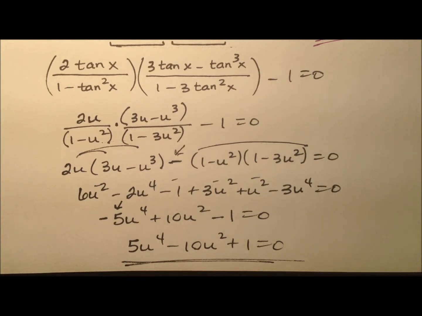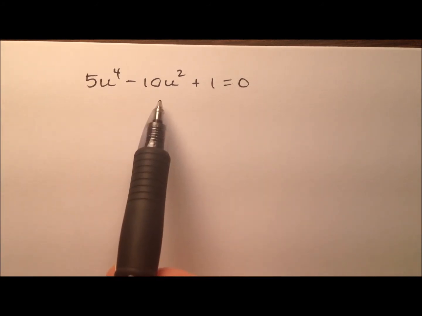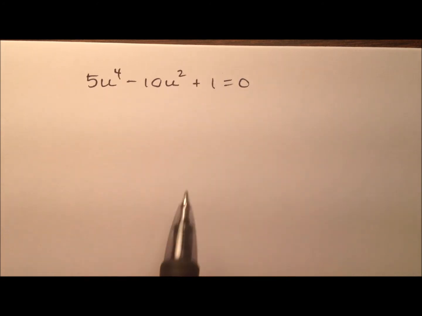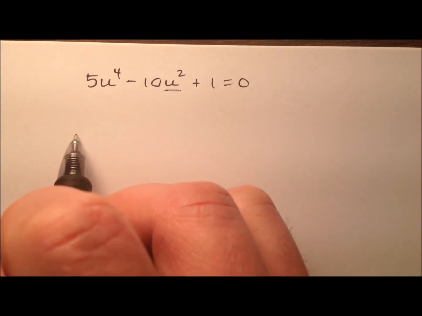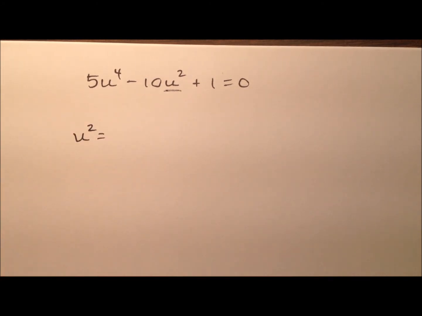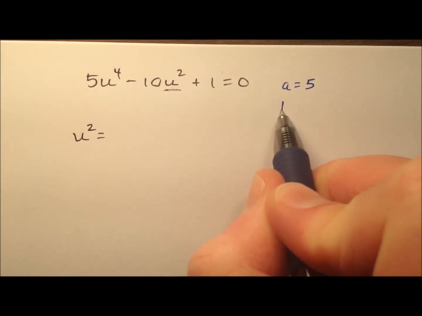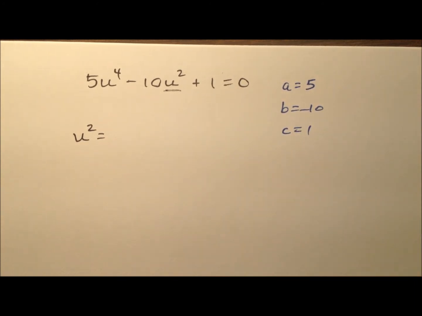So looking at this polynomial equation, it looks like we can use the quadratic formula to solve it because our degrees are 4, 2, and 0. So this term in the middle here is u squared. So we can say u squared equals, and then use that quadratic. Okay, so our a value looks like it's going to be 5, our b value is negative 10, and our c value is 1.